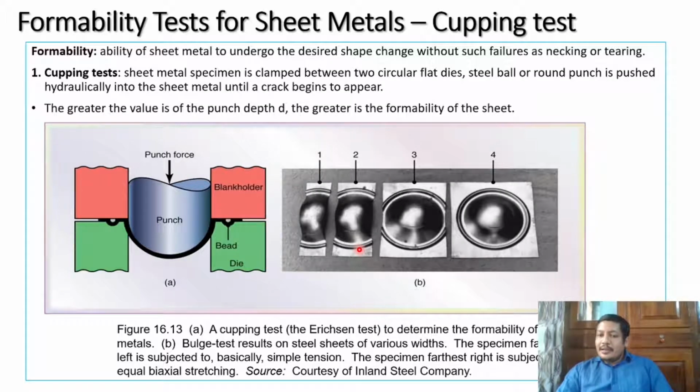The specimen farthest left is subject to basically simple tension. The specimen farthest right is subjected to equal biaxial stretching. You can see the material gets deformed and finally it will break. To that point you will load the material so that you can understand the formability of the sheet you have been studying.